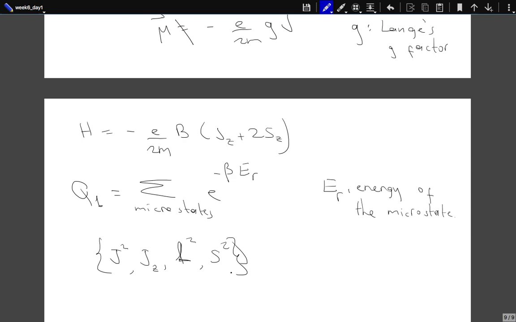They will be eigenstates of all these 4 operators.